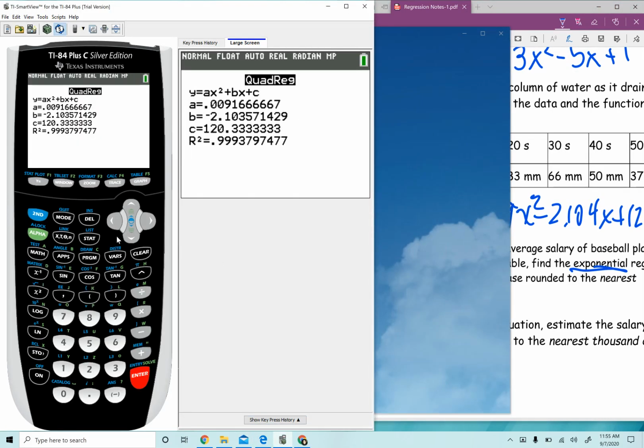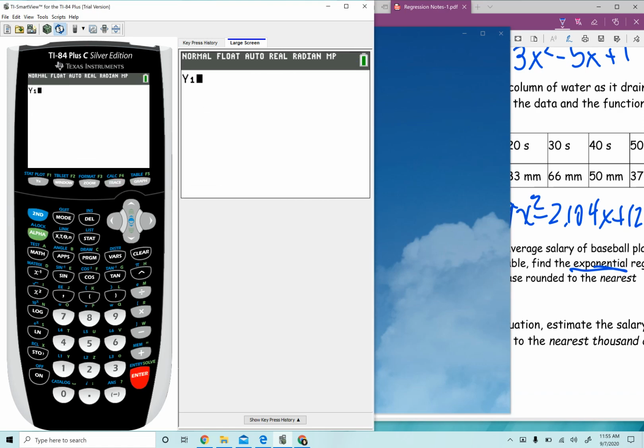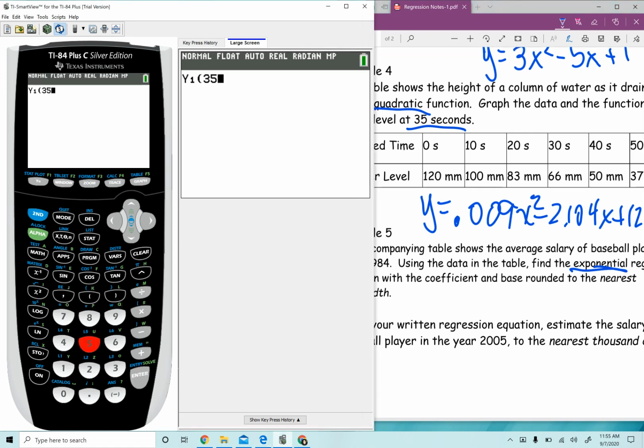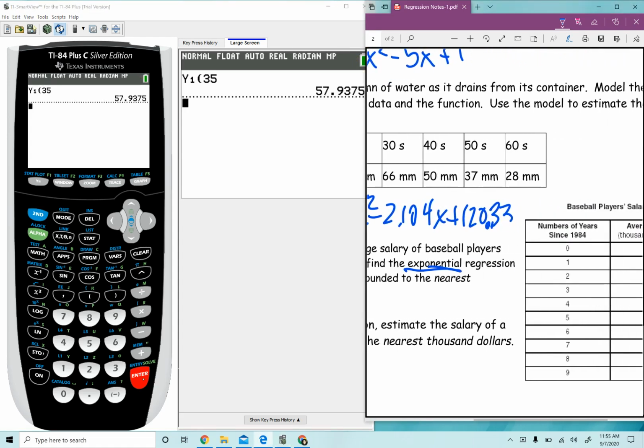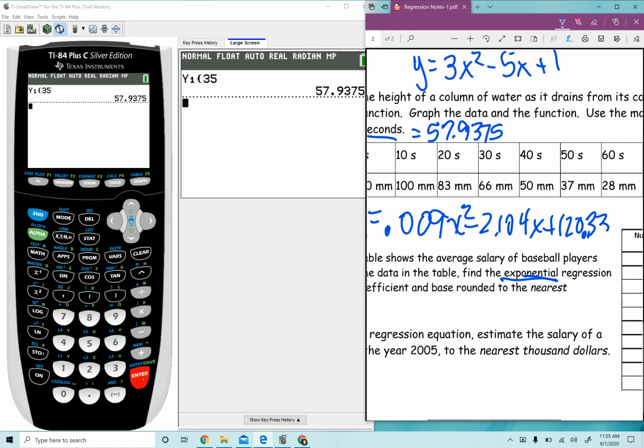So we do alpha trace y1 of 35. And you get for 35 equals 57.9375 millimeters.